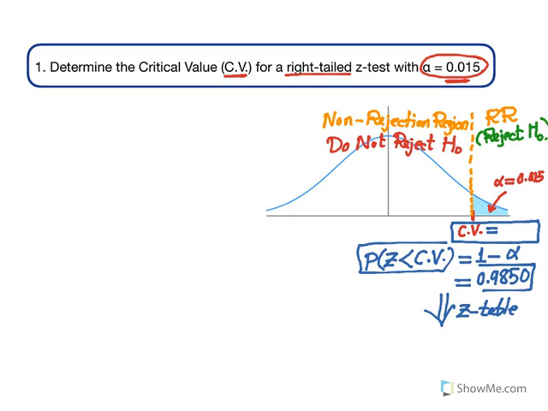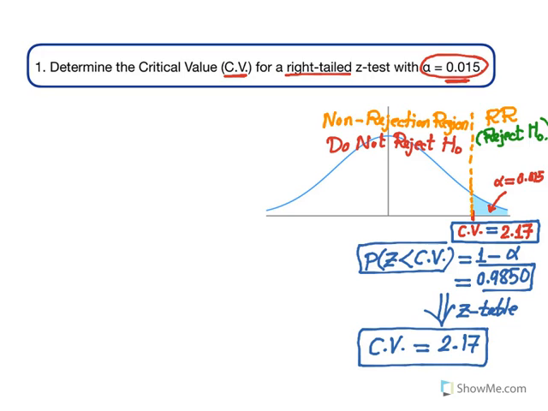So now, from the Z table, you look in the body of the table, you'll find that this critical value is equal to 2.17. Please look now at your Z table and make sure that this is the correct Z here. And so go back to the critical value and you can write here it's 2.17.